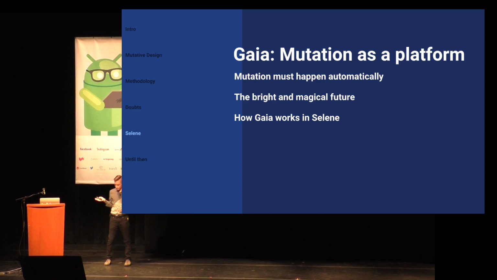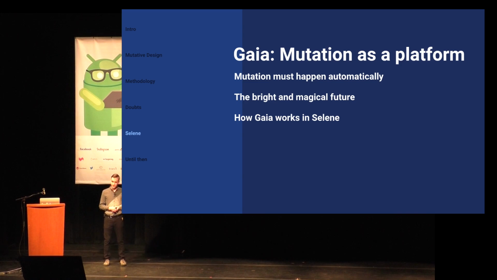So for instance, if the app found that a user was missing a touch target, a visual target, by a certain amount each time, then it's possible that we could adjust that to help them more successfully press that button. So if the mutation is, say, making the button bigger, and that works better, that's reported back to Gaia, and then Gaia gives other apps that information for that certain reality to speed up successful mutations in the future. But that's not how it works right now because we don't have access to the kind of low-level things that we would need to make that happen.